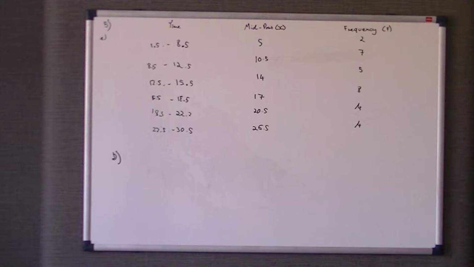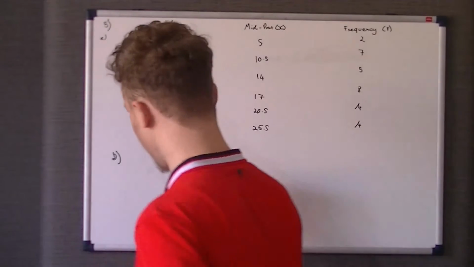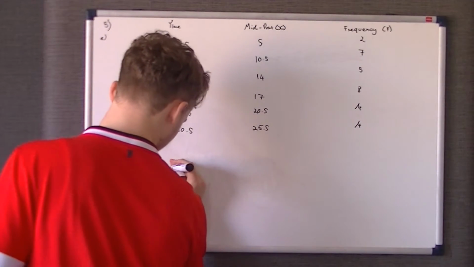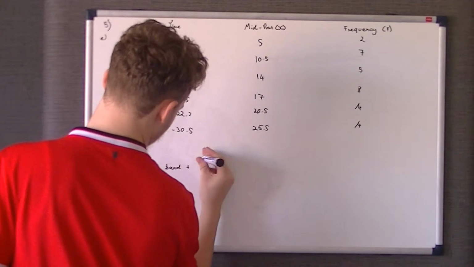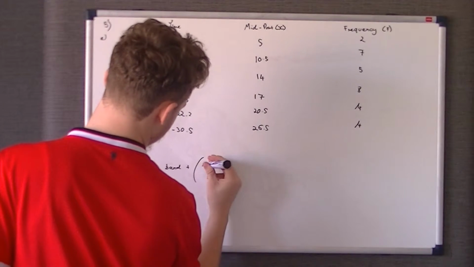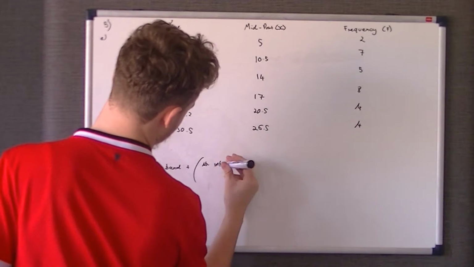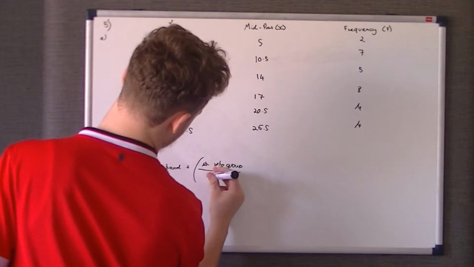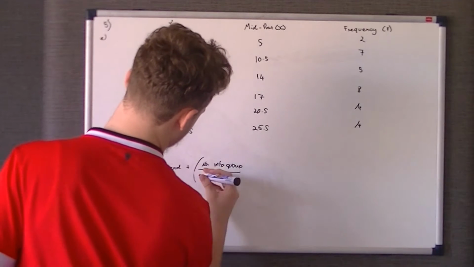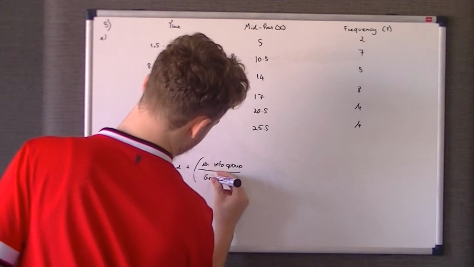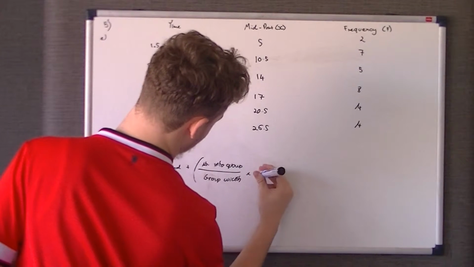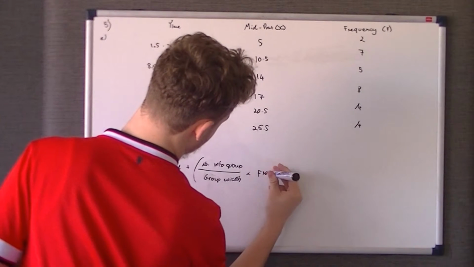So the method for linear interpolation, to refresh your memory, is the lower bound of the group plus brackets the number of places into the group over the group width, and that's all multiplied by the frequency.